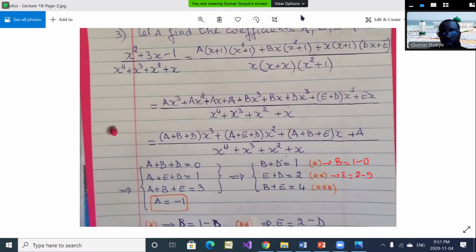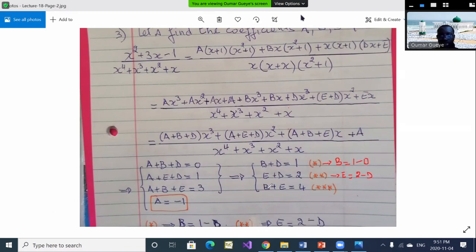And from the first equation, I'm going to isolate my B and express it in terms of D. That's what I did here. And from the second equation, I'm going to isolate my E and express it in terms of D. It's going to be 2 minus D. And in the third equation, I'm going to substitute B and E by their values.